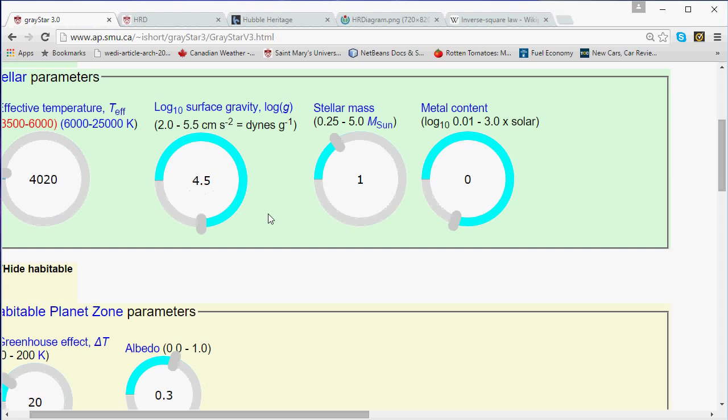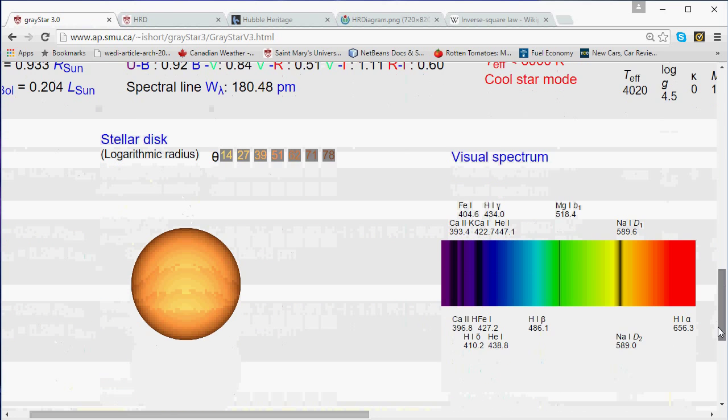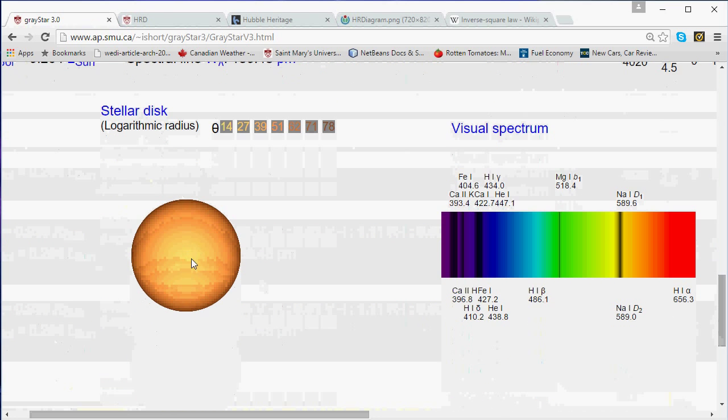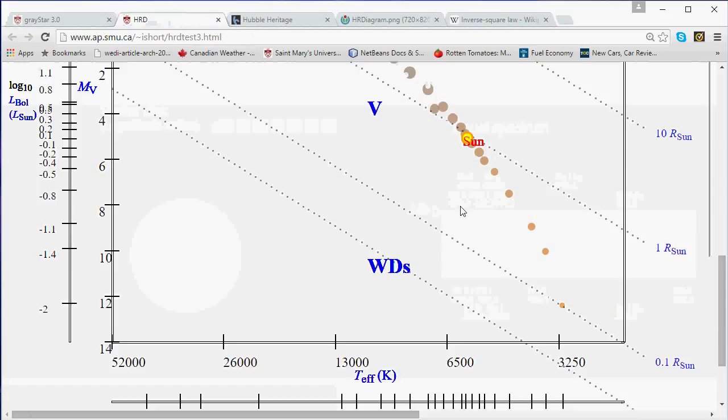And if the surface gravity is relatively large, that means that the star is being compressed by a fairly strong gravitational force. So the star is going to be fairly compact. It's being tightly squeezed by the force of gravity, so it's going to have a relatively small radius. And in fact, it is going to be a dwarf. So that tells us that the star belongs to luminosity class 5, and so we can put it in this group here.